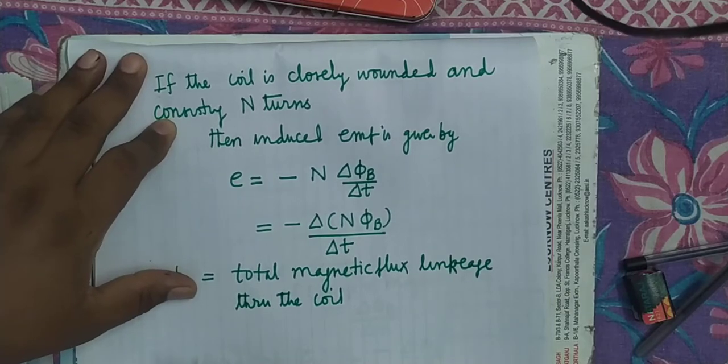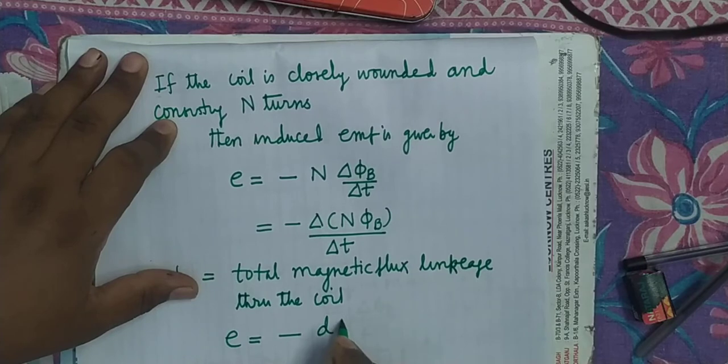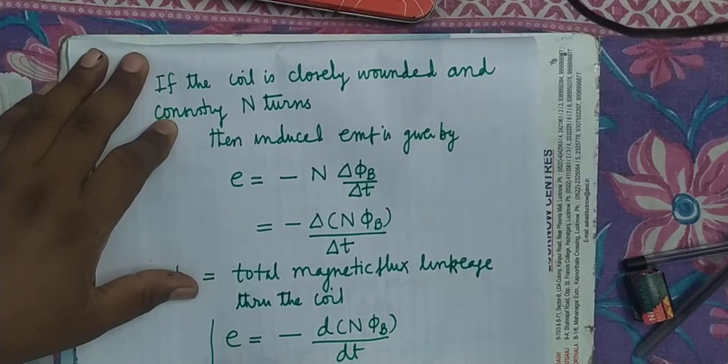It's clear. In calculus we write it as E equals minus d n phi B upon dt. This way also we write.